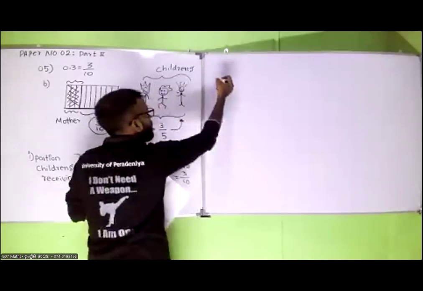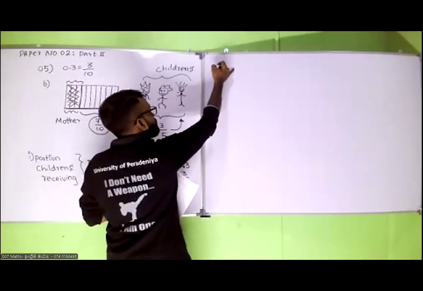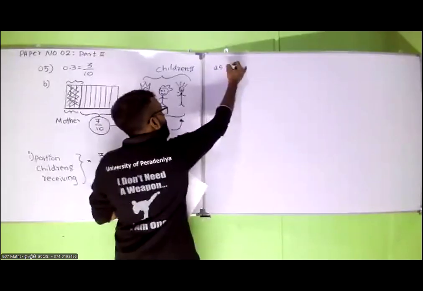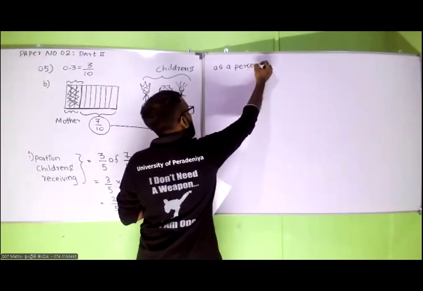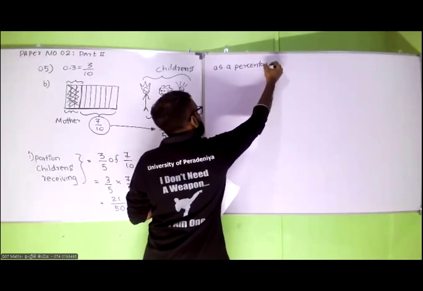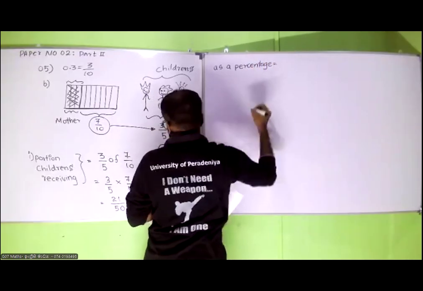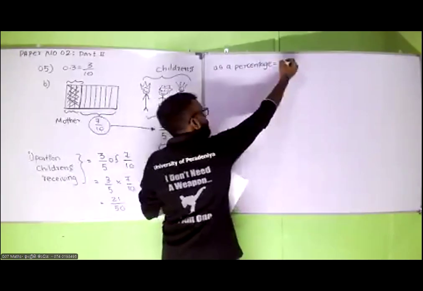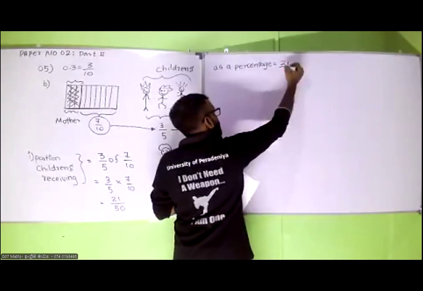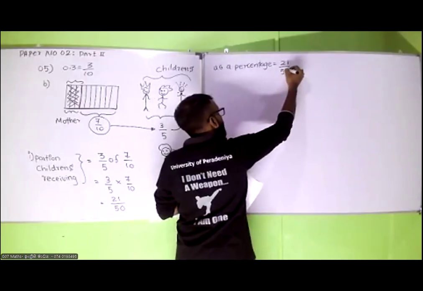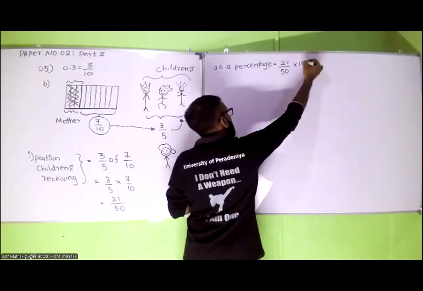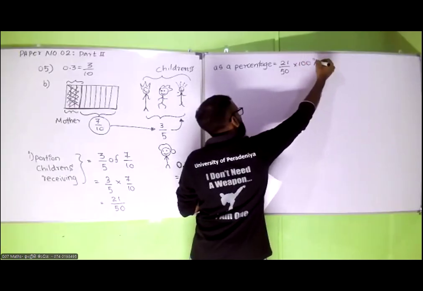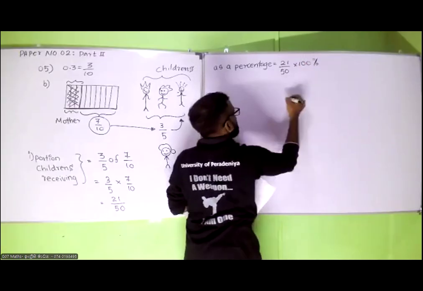So as a percentage, you can represent 21 upon 50 by multiplying by 100%.